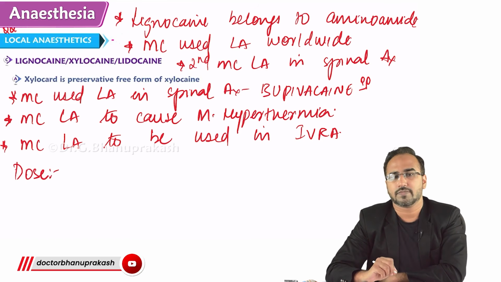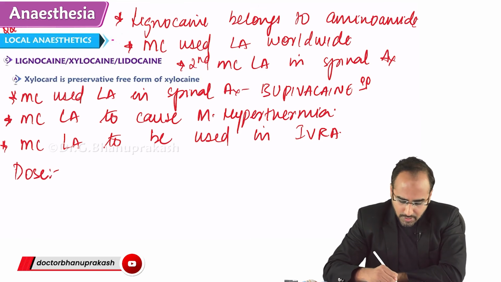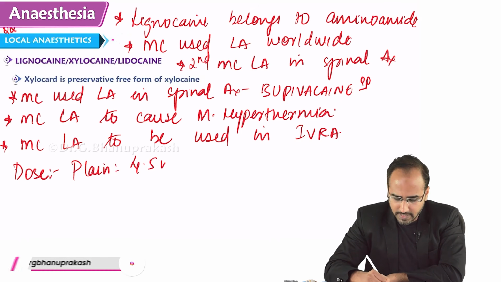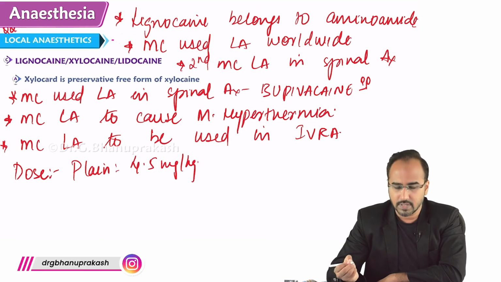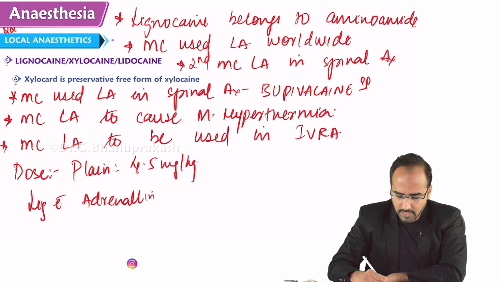Next is the dose of Lignocaine. What is the dose that you give to the patient? When you are giving plain Lignocaine, the dose should be 4.5 mg per kg body weight. When you are using Lignocaine with adrenaline, the dose should be 7 mg per kg body weight.